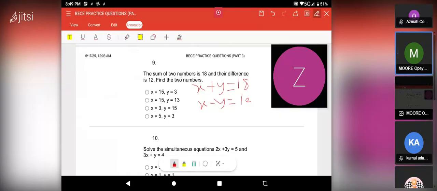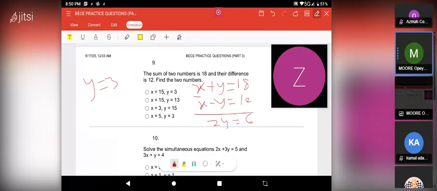Okay. So just use the elimination method without wasting time. Just put x here. x minus x cancels out. y minus minus y, that is 2y, equals 18 minus 12, 6. So from here, y equals 3. You see that?